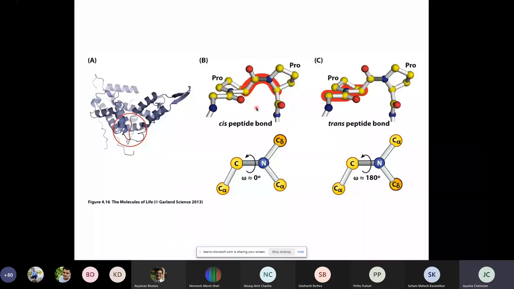Both are actually cis peptide bonds. Yes, I think the diagram shows that in the same polypeptide, we can have two proline molecules which show different cis and trans.